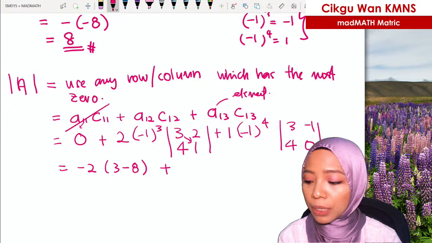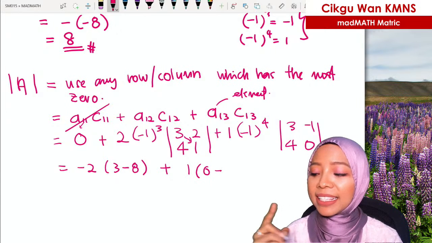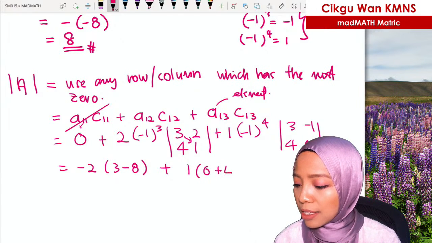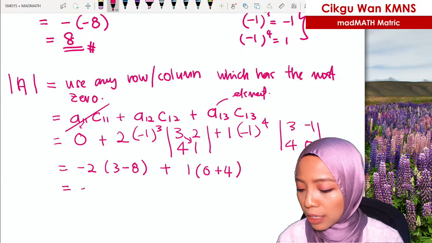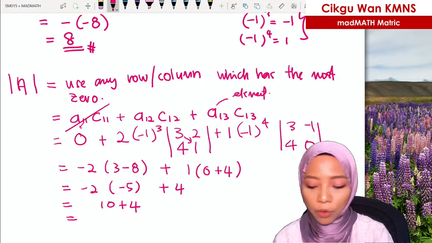Again, even number, so we give as positive. Okay, 3 times 0, 0 minus negative 4. So minus give us positive. Negative 2, negative 5 plus 4. So 10 plus 4. Okay, determinant 14.